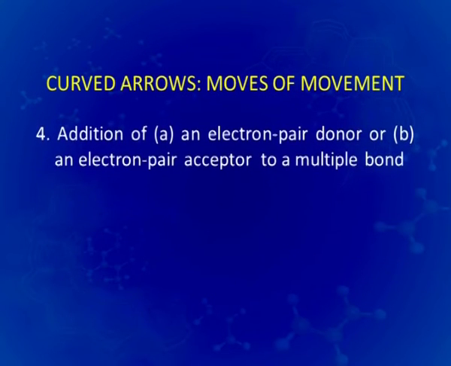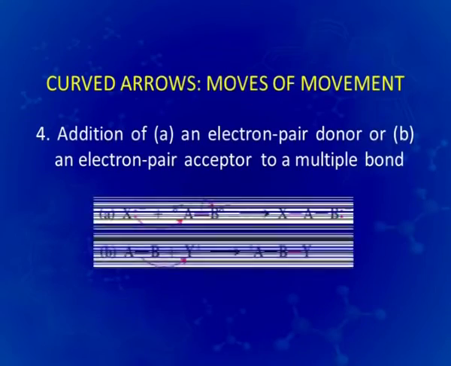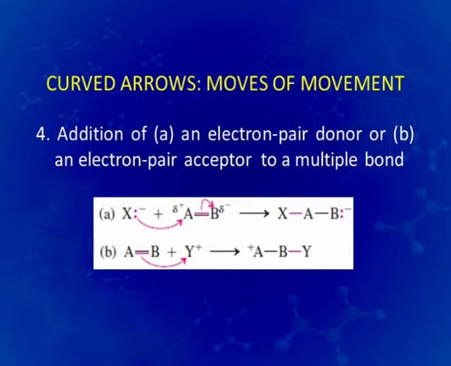Then we have addition of an electron pair donor or an electron pair acceptor to a multiple bond. You know that multiple bonds have the ability to get saturated during the course of a reaction by accepting an electron pair, or by a charged species which can donate an electron pair to the one which is electron deficient, leading to the formation of a saturated compound, as shown here.